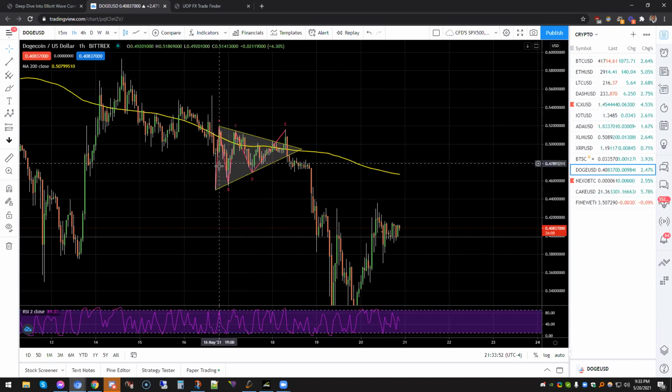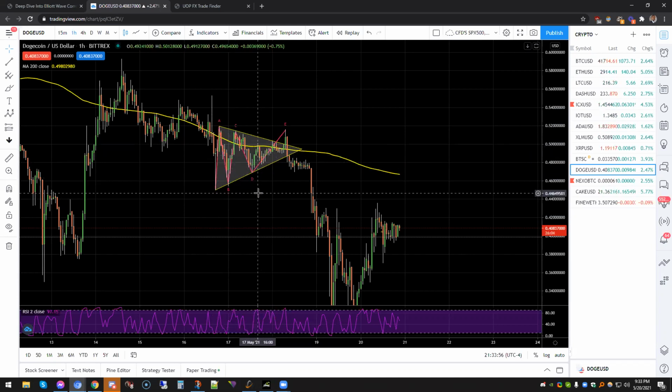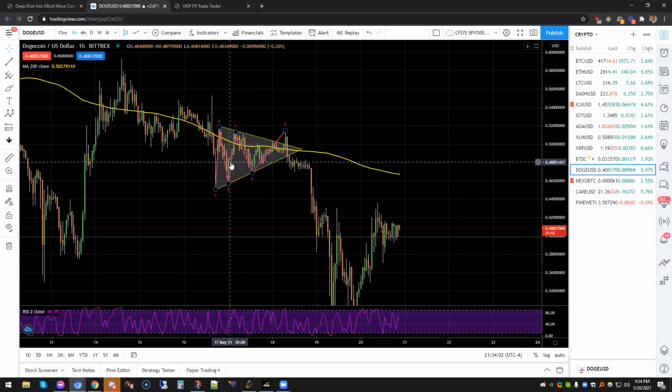Okay, so you've got 3, 3, 3, 3, 3. 5 waves, each of them being in 3-wave formations. So anytime you see that there is a 5-wave move inside of a triangle, you're looking at a diagonal. It's not a triangle. Okay, it may look like a triangle, but it's not. It's a diagonal formation.